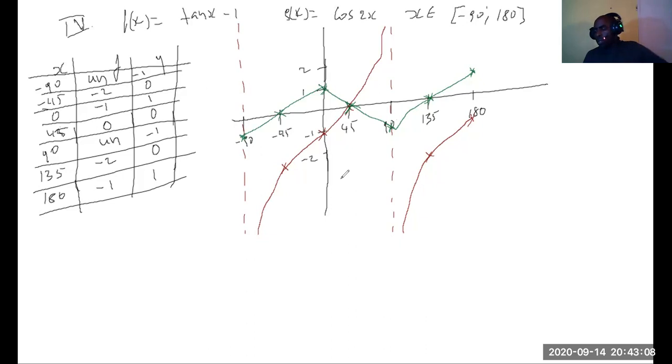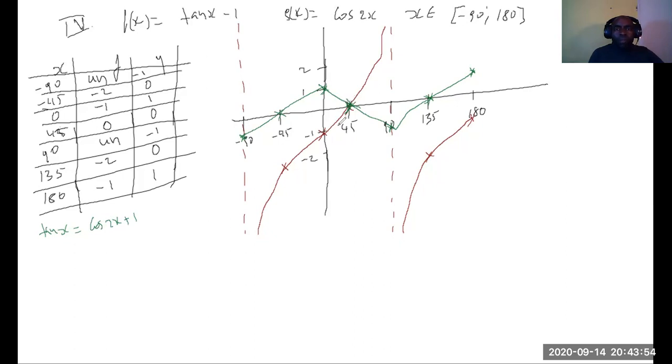And then they want me to find the values of x where tan x equals cos 2x plus 1. So basically where the two graphs are equal, that would be here at 45, they are equal.